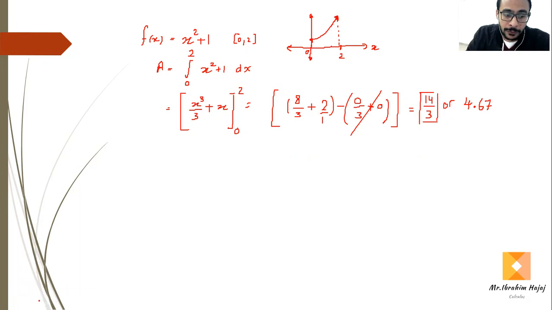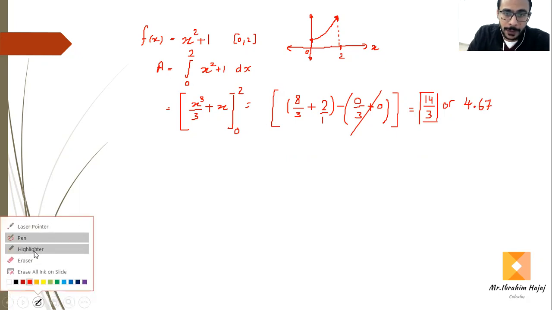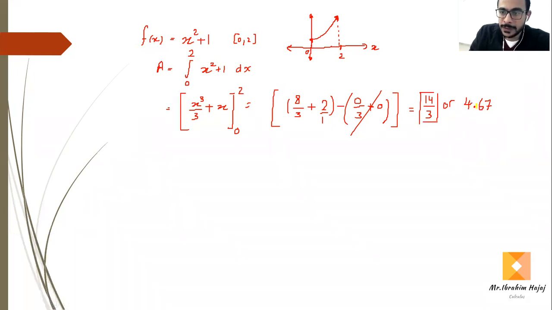Don't forget, guys, I would like you to keep in mind this area. Why? Because this is the exact answer, the exact area of this antiderivative x squared plus 1, bounded between 0 and 2, or the area under the curve from 0 to 2 and the x-axis.